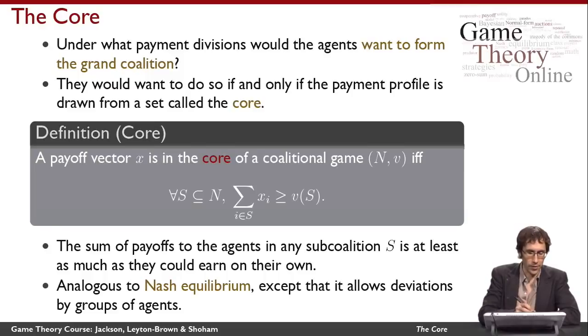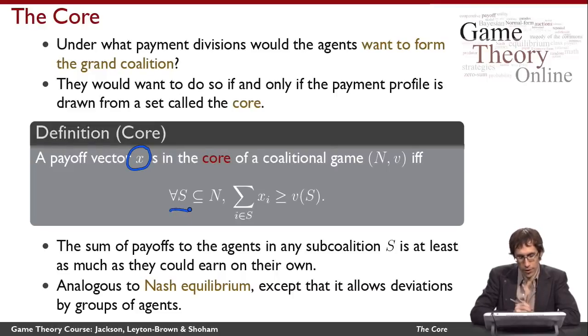We're going to think about a given payment vector, which is an assignment of a certain amount of value to each of the different members of the coalition. And we're going to say that this payment vector is in the core of a coalitional game if and only if the following condition is true.